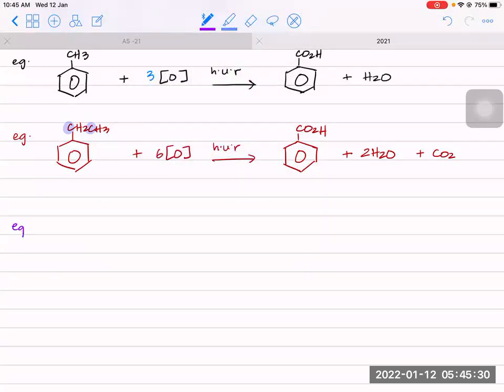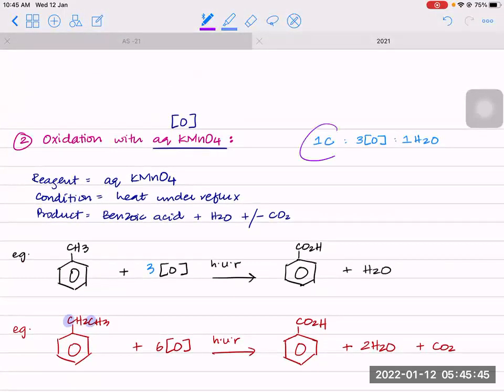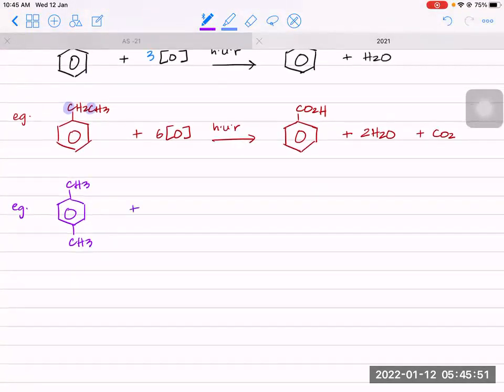Now, let's see another example where we have 2 alkyl chains. So you have a CH3 here, let's say a CH3 here. I told you 1 carbon requires 3 moles of oxidizing agent to give you 1 water. So this would require how many again? 6 moles of oxidizing agent. 3 for this, 3 for this.